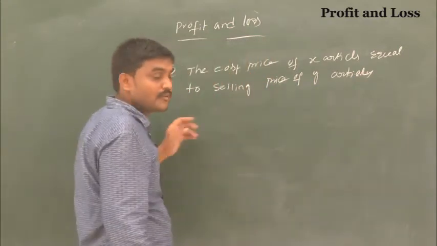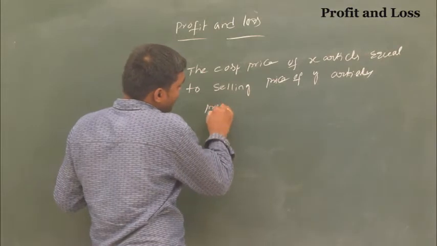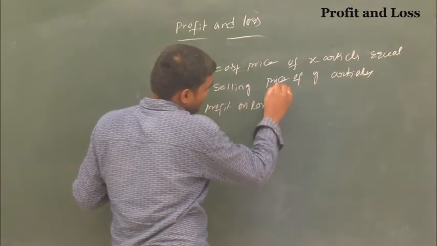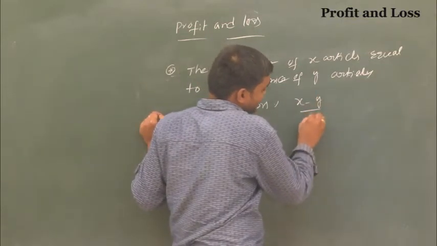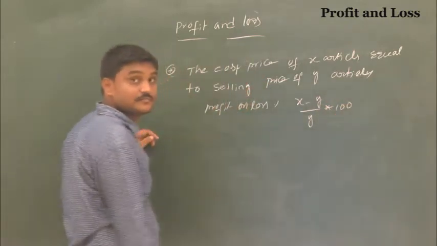Then the profit or loss percent is (X minus Y) by Y into 100.